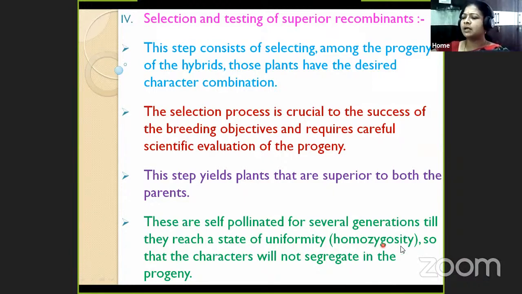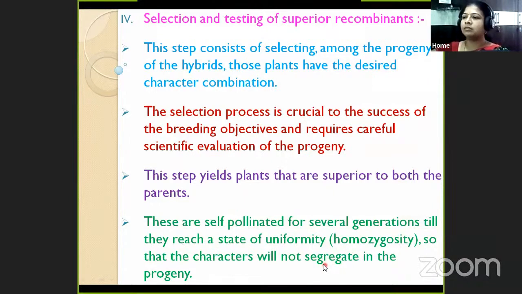or homozygosity. Once they reach the homozygous condition, the characters will not segregate in the progeny.